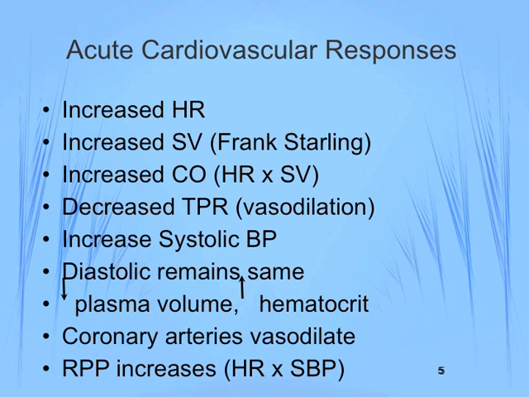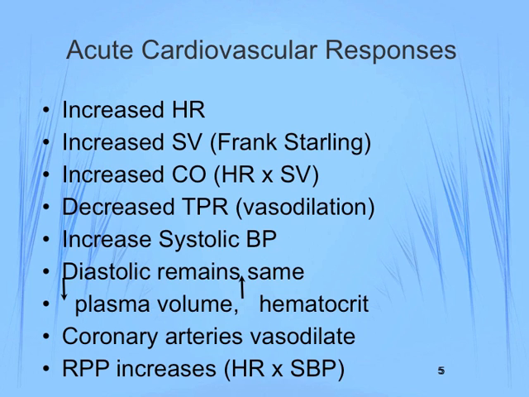As we have increased venous return, we have greater filling of the left ventricle. It stretches the muscle fibers, and then the Frank-Starling principle is activated, resulting in a stronger contraction of the left ventricle. As a result of both our heart rate and our stroke volume increasing, we see an increase in our cardiac output.